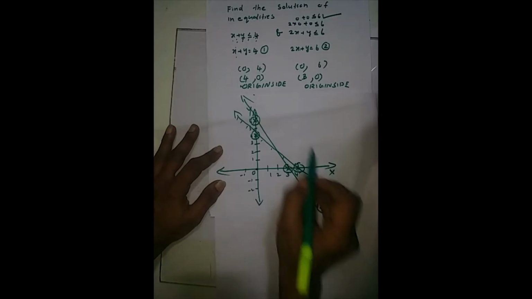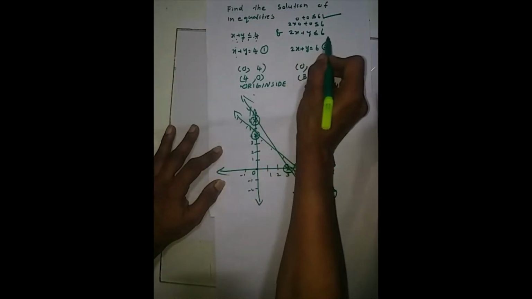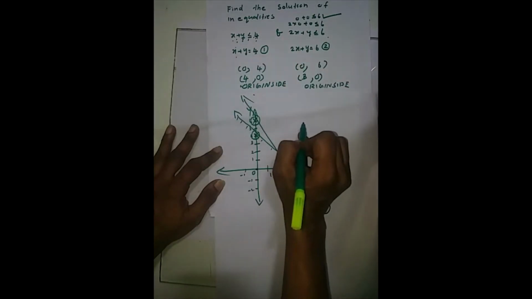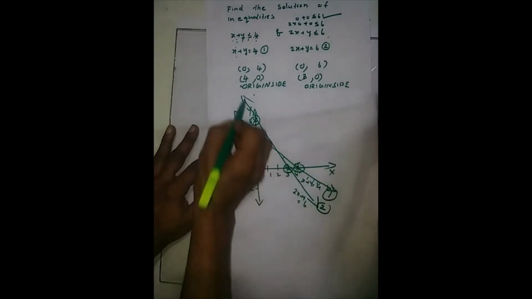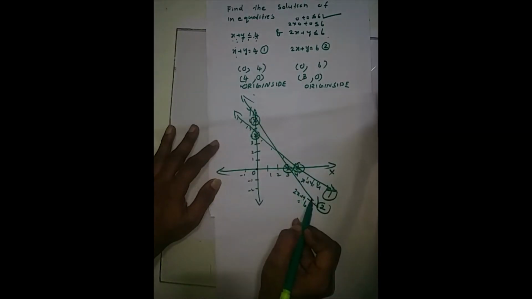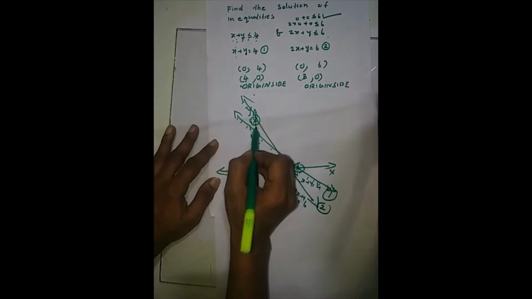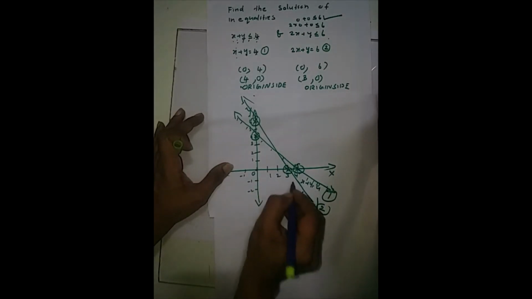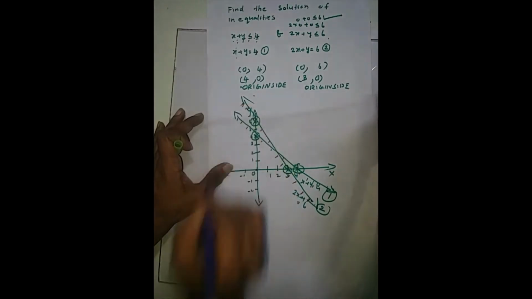Next is equation number 2, and the inequality is this one. We have to shade the origin side of this inequality. The solution of this inequality is towards the origin side. For the second line, the origin side is here, so this part is coming.